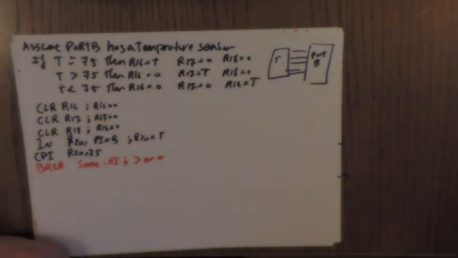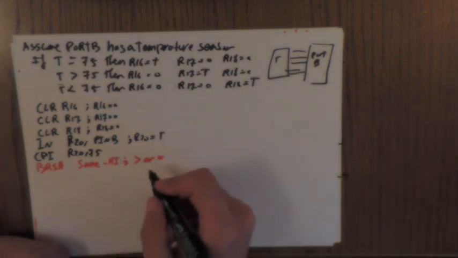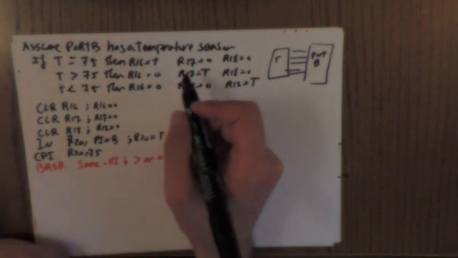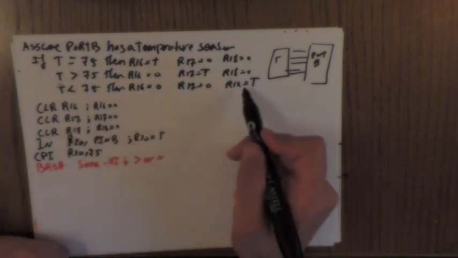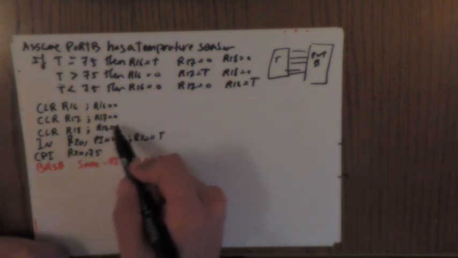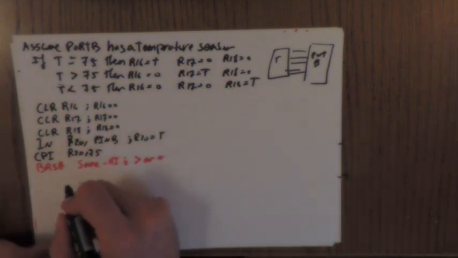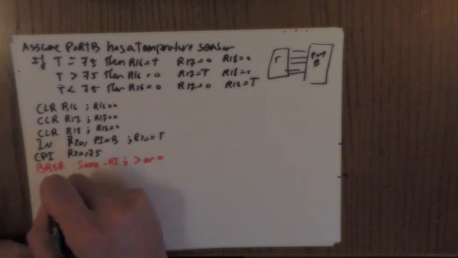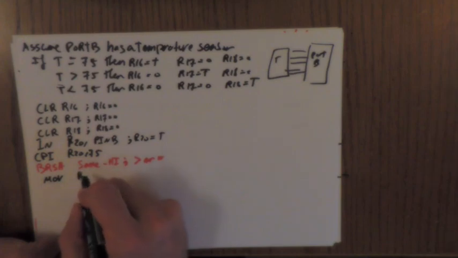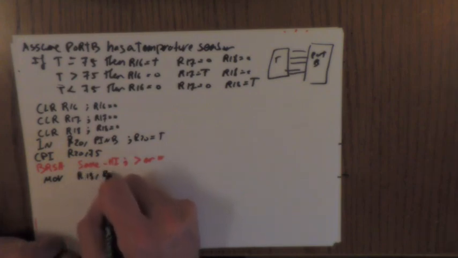Now, if this is not the case, this means I am in the less domain. And when I'm in the less, I want to do this condition: place in R18 the T, because all the registers are zeros, so now I need to place in R18 the T. So I do the move instruction, move into R18 the value of R20.